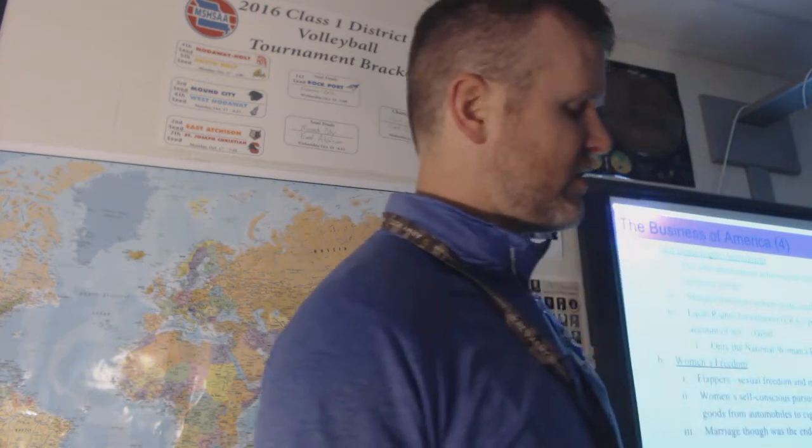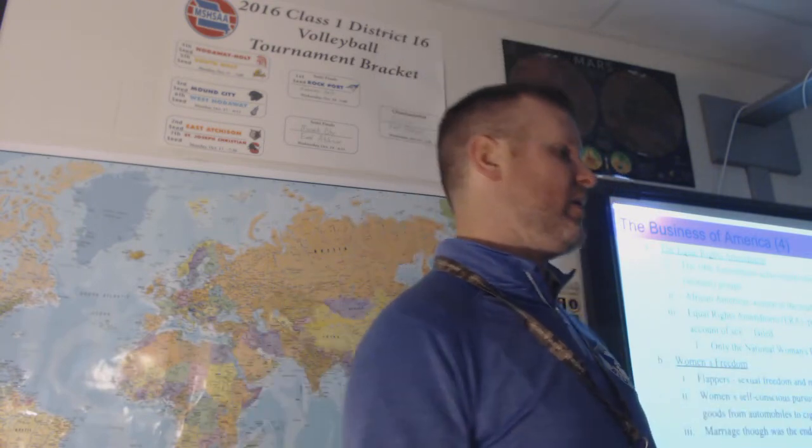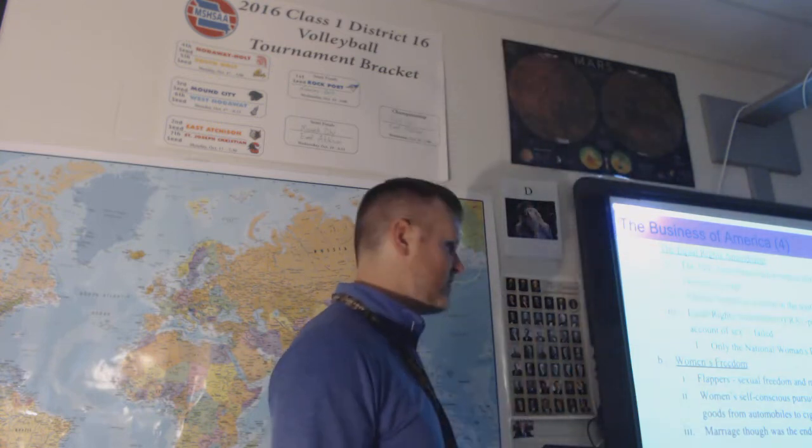Women's self-conscious pursuit of personal pleasure became a device to market goods for them, and basically this is the first time you see women venturing out from the home and really establishing themselves. Also, from automobiles to cigarettes, driving cars, smoking cigarettes, drinking. Obviously, drinking is technically illegal, but people did it. Marriage was thought to be the end of this freedom, and thus many women lived very loose lives at this point because they wanted to not be tied down.